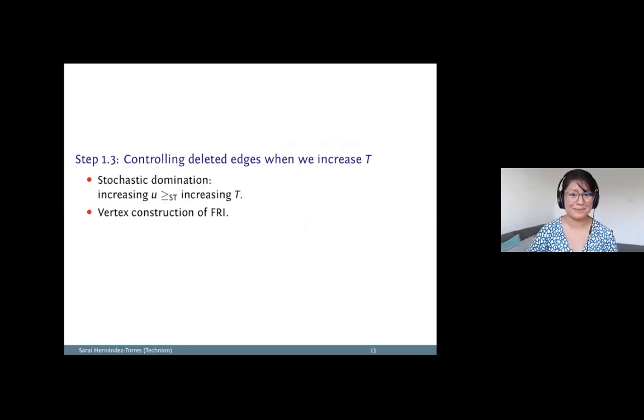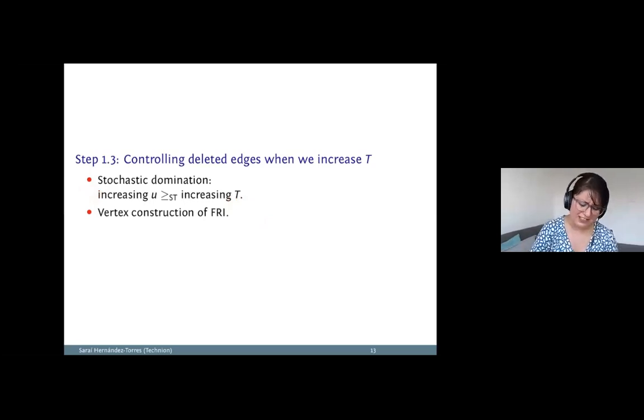When we want to increase T, we use some stochastic domination. So we say, if you want to increase T, it's better to increase U. We show that if you increase U by a certain amount, it stochastically dominates increasing T. And we show that if this increase is small, this is also a little bit larger, but still small.